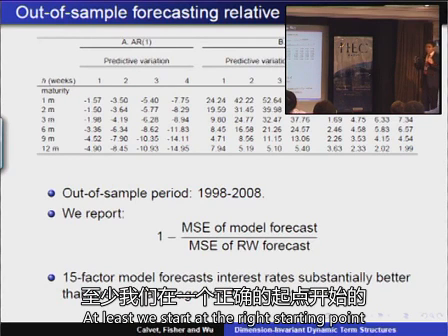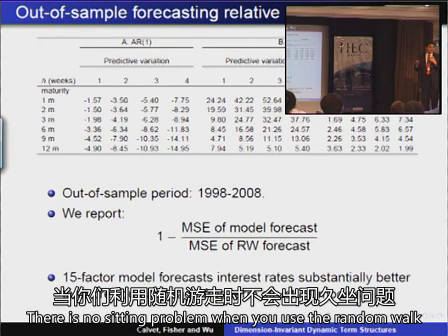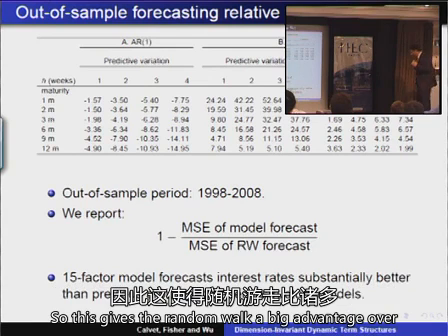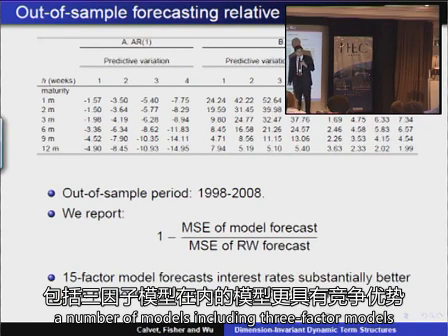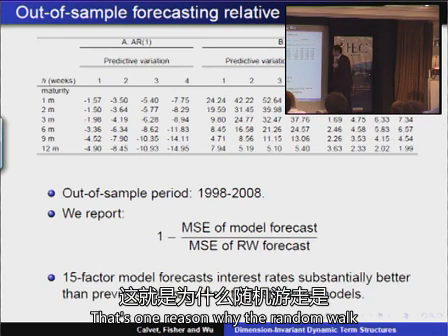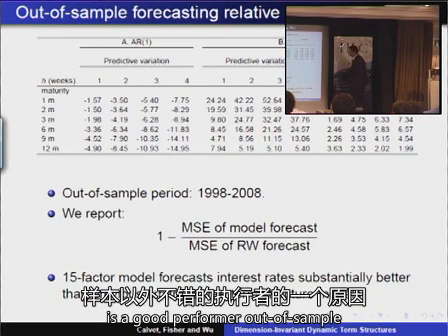At least we start at the right starting point. There's no fitting problem when you use the random walk. So this gives the random walk a big advantage over a number of models, including 3-factor models. That's one reason why the random walk is a good performer out of sample.